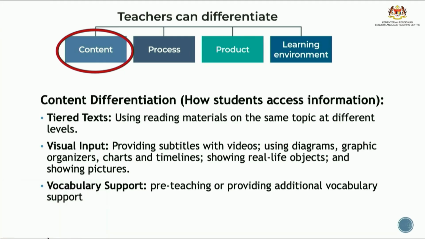So using reading materials that are of the same topic, but they're at different levels. Okay, visual input. So visual input could be using graphics, using graphic organizers, using pictures to accompany text. So that supports different learning styles.